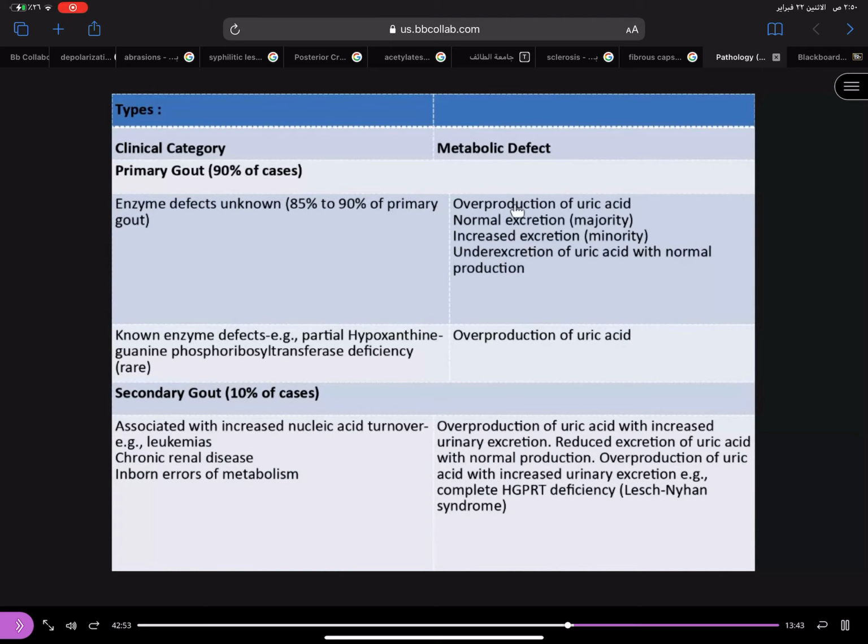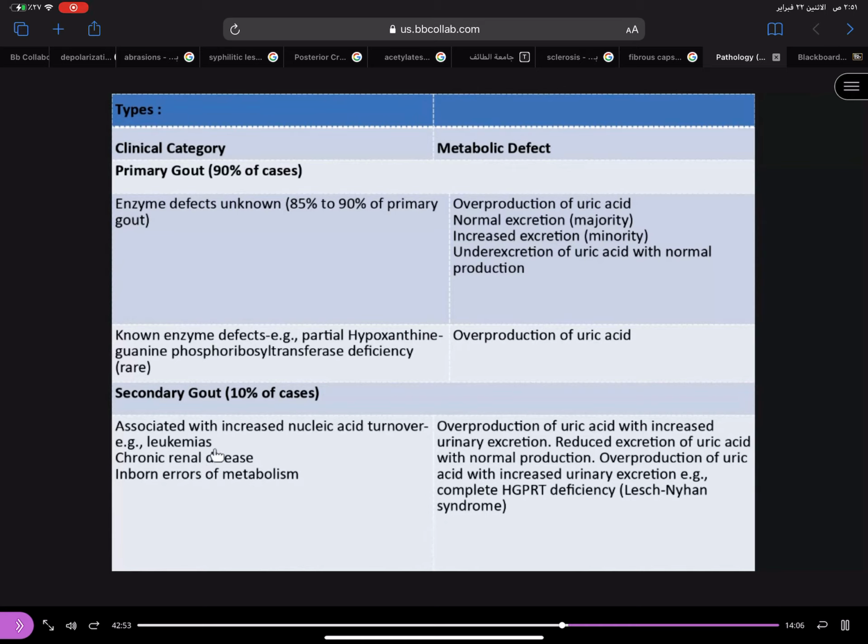So keep it simple. Overproduction due to enzyme defects, unknown, or sometimes it is known what the enzyme defect is. Anyway, it will lead to overproduction of uric acid.